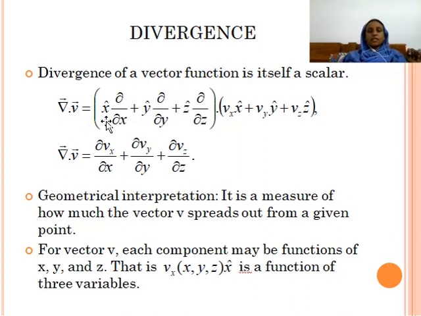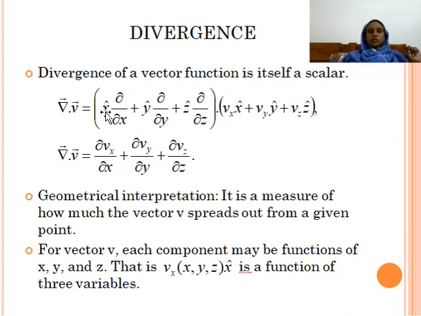So you can write it like this: x cap dou by dou x plus y cap dou by dou y plus z cap dou by dou z. This is the gradient differential vector operator. Dot product with vector v, vx x cap plus vy y cap plus vz z cap. Now we can take dot product just like we do in the case of vectors, multiplying like components and adding.